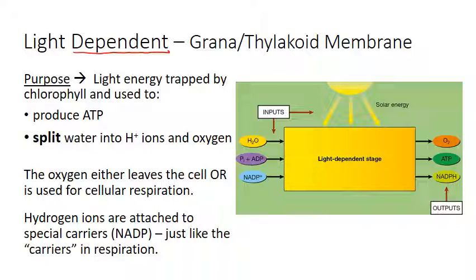And like I said, the reason it's dependent on sunlight for it to occur is because it's occurring in the thylakoid membranes, or the grana, those discs, and those discs contain the chlorophyll, that green pigment that's responsible for absorbing the sunlight. So the chlorophyll is going to absorb that sunlight, and the whole purpose of absorbing that sunlight is to use that sunlight energy to help split some water molecules into hydrogens and oxygens.